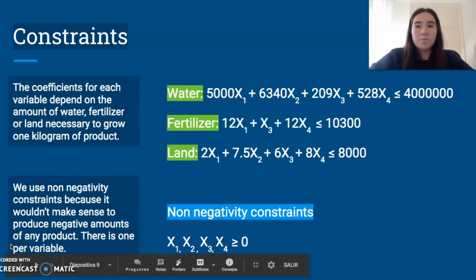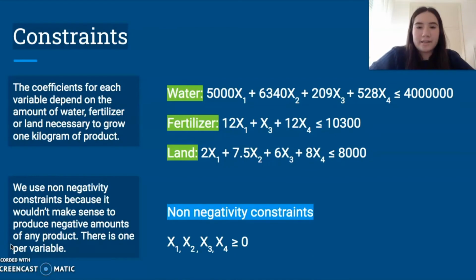In this problem, we need to consider three constraints: water, fertilizer, and land. We need to create one inequality for each type of constraint. The coefficient for each variable depends on the amount of water, fertilizer, or land necessary to grow 1 kilogram of the product.